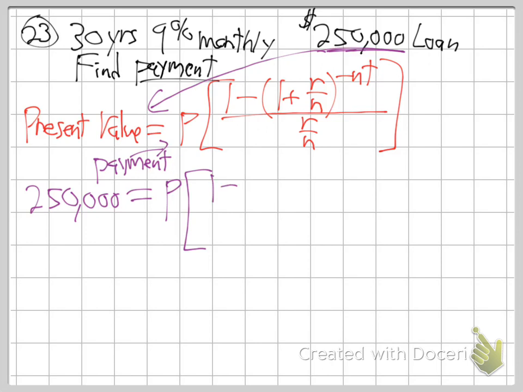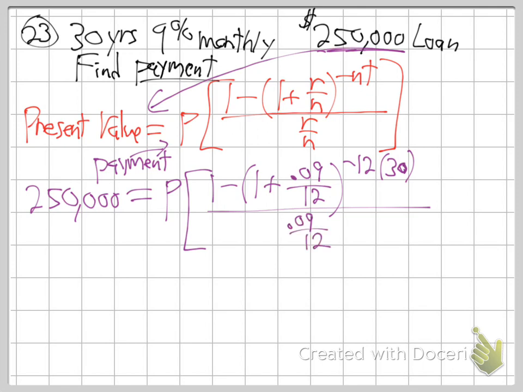So 1 minus 1 plus the interest rate, 0.09 over N. It's monthly, so N's 12 again. T is 30 years, over 0.09 over 12. All right, same thing.